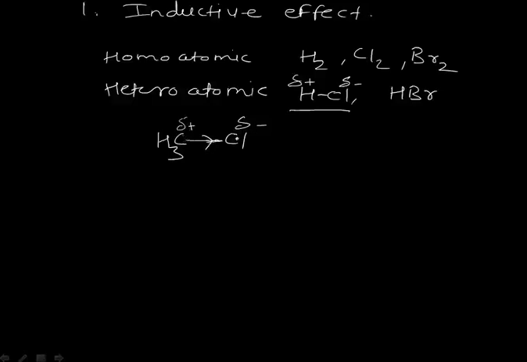Cl is electron rich. So in the case of a heteroatomic molecule, there is such pulling of electrons by the electronegative atom, and because of that the carbon or any other atom attached to the electronegative atom acquires partial positive charge. As a result, we get partial negative charge and partial positive charge on the atoms.